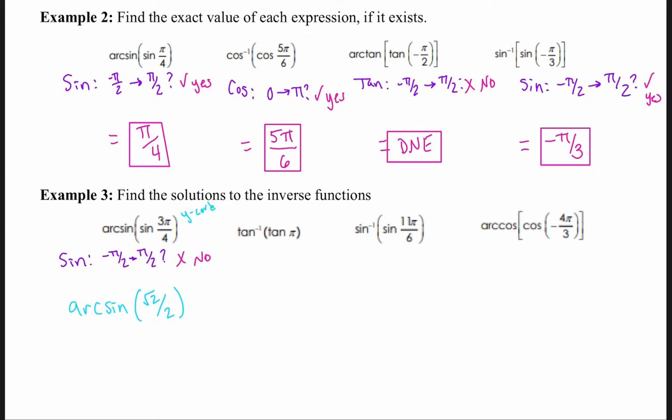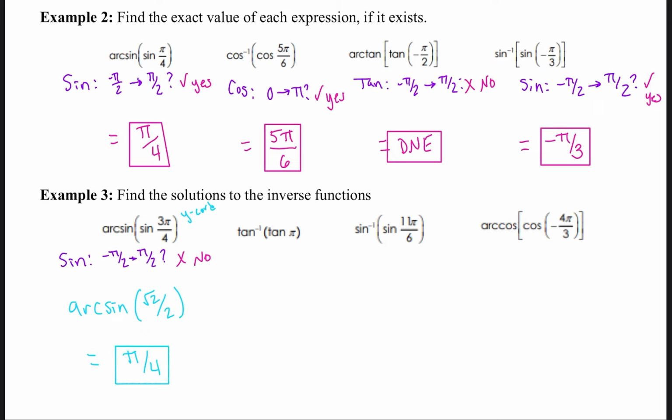Now when I go to take the arc sine, it is restricted from negative pi over 2 to positive pi over 2. So we have to ask, when does sine give us radical 2 over 2 as a solution, but only in quadrants 1 and 4? Well, the only spot that would happen is in quadrant 1, so our solution here is pi over 4.